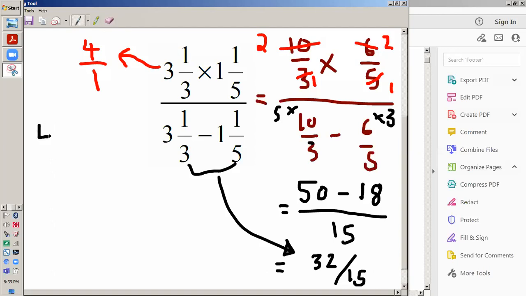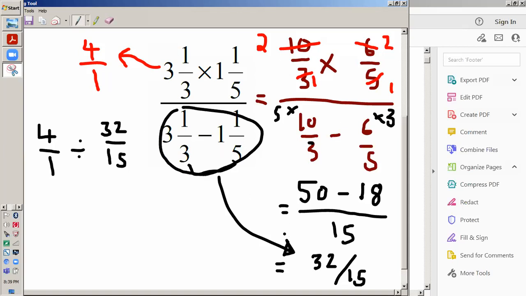So it's going to be 4/1 divided by 32/50. All right? Are we clear? No. Sometimes, because this is what you work out last, we tend to put the answer for the last piece to the left, which would have been incorrect. All right?